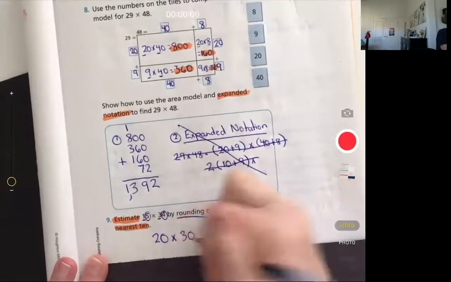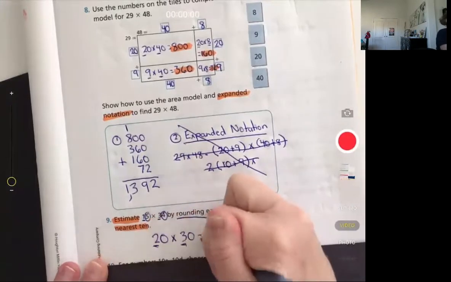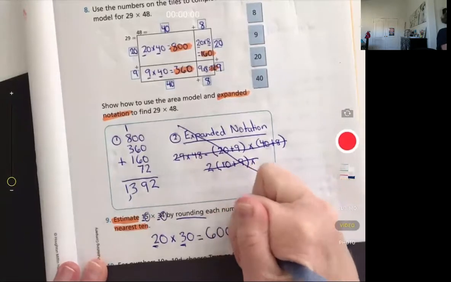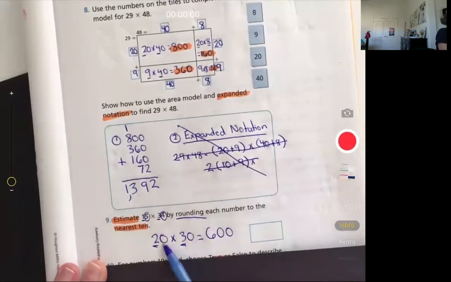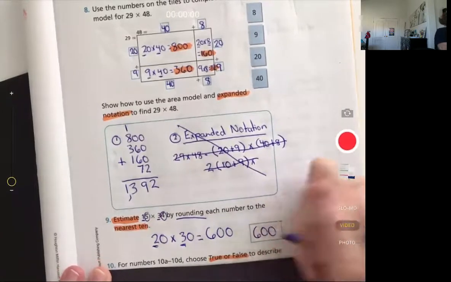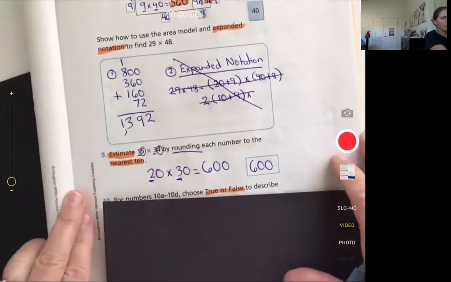So it will stay at 30. I'll take my whole numbers, 2 times 3, that's 6, and I'll add my 2 zeros because they each have 1 zero for their 10. So 600 is the estimate for that equation. Okay, hopefully that's straightforward as well.